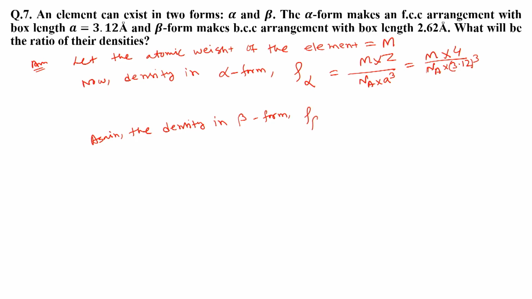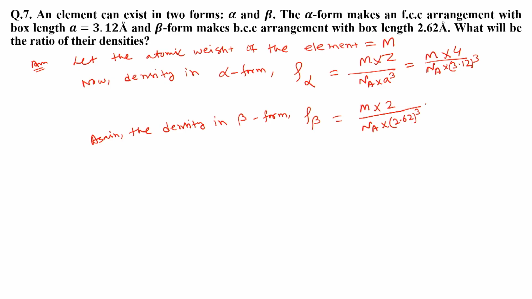if we call this rho beta, is again m times Z by Na times a cubed. The beta form is from BCC. For BCC, Z is 2 here, and this is Na, and the box length is 2.62, so 2.62 raised to the 3, right.